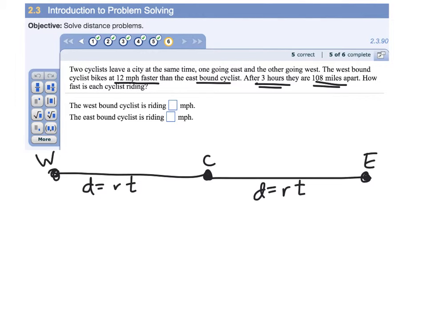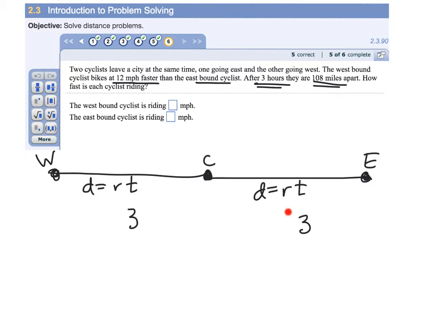Well, t is 3, because we're told it's 3. Now it says that the westbound cyclist is 12 miles per hour faster than the eastbound cyclist. So I'm going to also put the 3 over here. Now, if the eastbound cyclist is traveling at, let's say, 10 miles an hour, then for the westbound you have to add 12 to it, so he is traveling at 22.